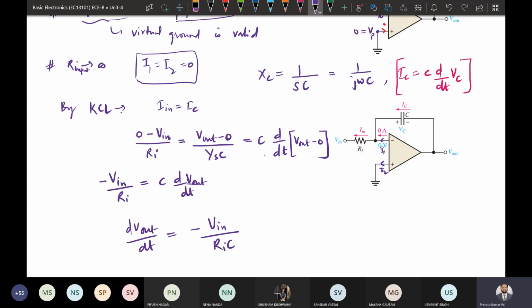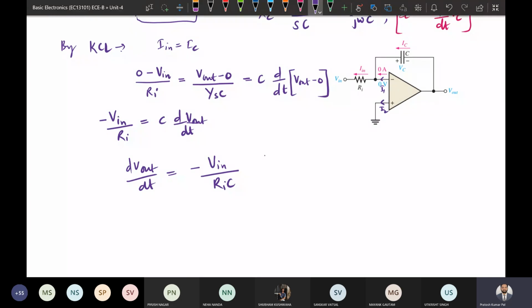Okay, so this is the expression, now we need to find the output. We will be integrating both sides. By integrating both sides, it will be V output equals minus the integral of V input by R in C dt.